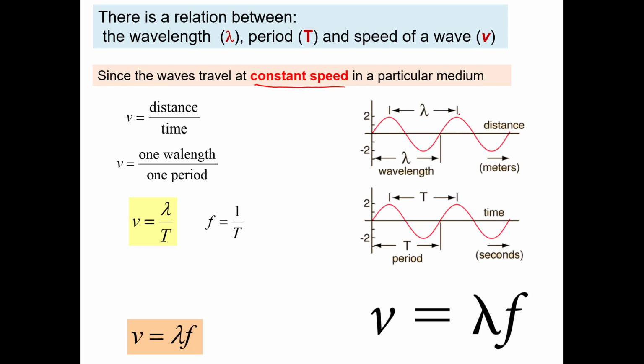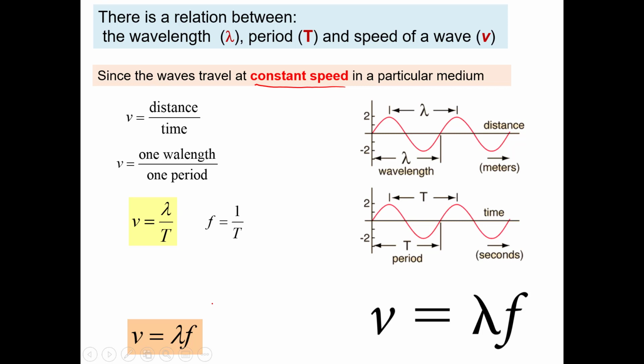Remember, the wavelength is the distance that the wave travels in one period. And this is why, for distance, we can say one wavelength divided by one period. If we want to write this using symbols, then we will say wavelength divided by the period.